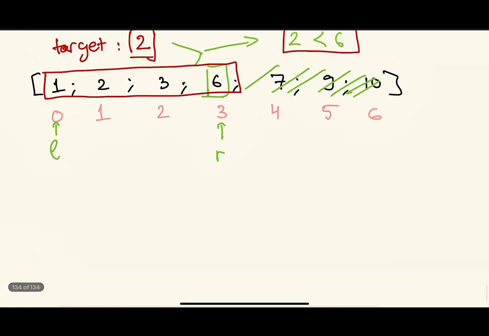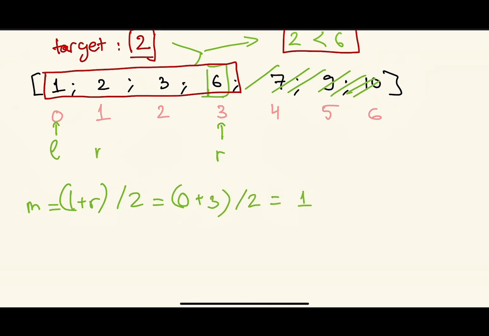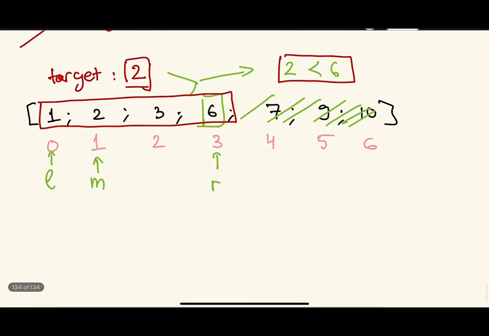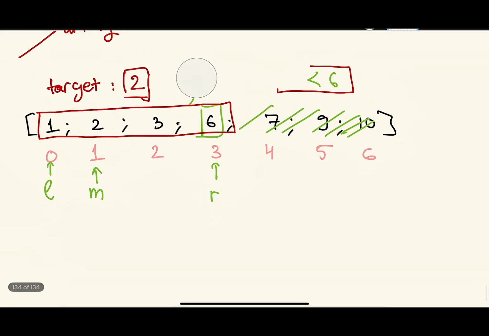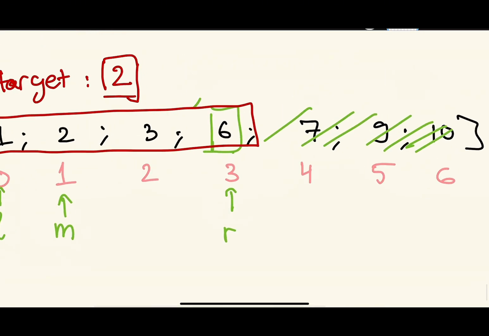Now what you're gonna do next is find the middle index, which is left plus right divided by 2: 0 plus 3 divided by 2 is equal to 1. So the middle is gonna be here. Let me erase this one.